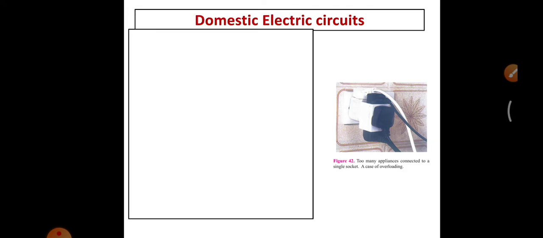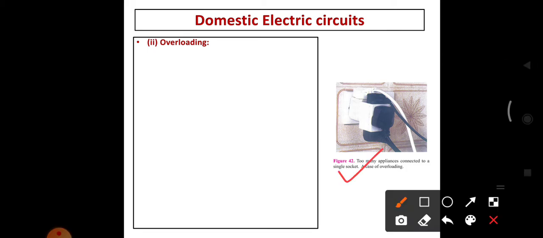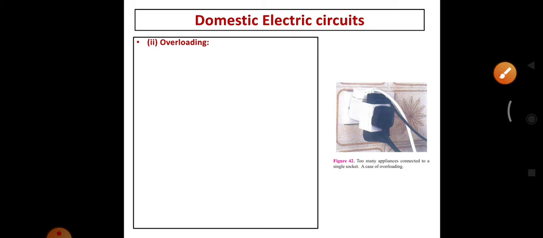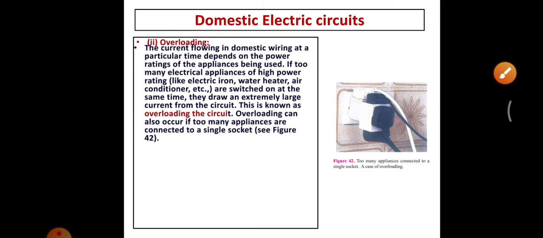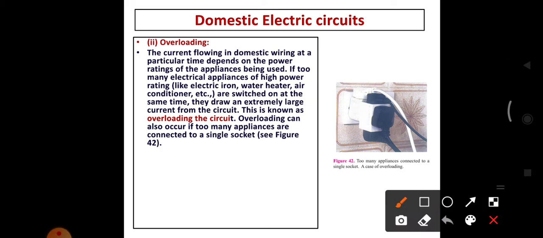And what is meant by the overloading? The overloading is nothing but, look at this image, there are four wires connected in the single socket. So the current flowing in domestic wiring at a particular time depends on the power rating of the appliance being used.